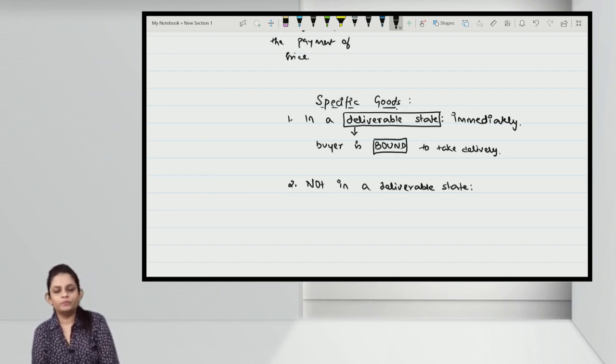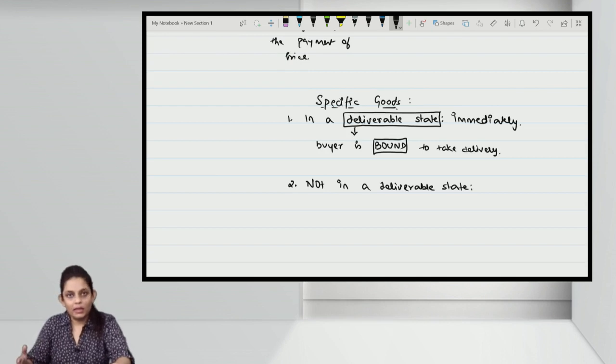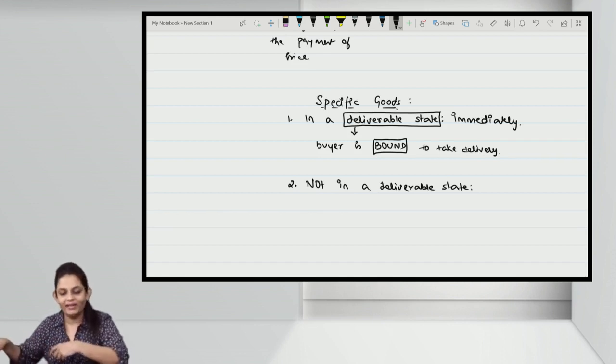He says, okay. Now tell me, unless the books are bound, are you bound to take the goods? No. Unless the binding is done, you are not bound to take the delivery.